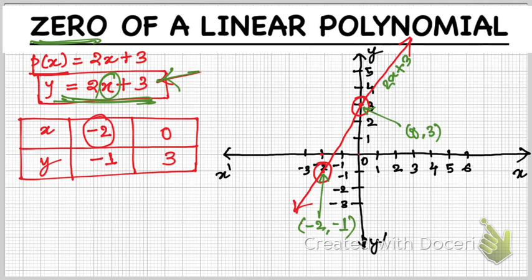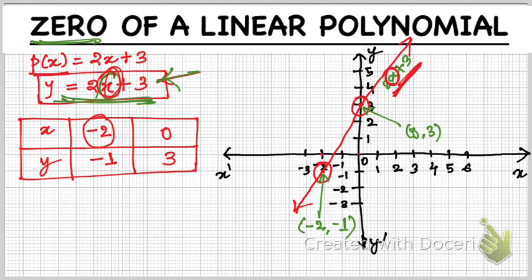If we plot a graph, we will get a straight line. Now in this case we have to find the zero of the polynomial. So how will you find the zero of the polynomial? You need to find at what point this line cuts the x-axis, since the variable here is x and we are finding the degree based on x.